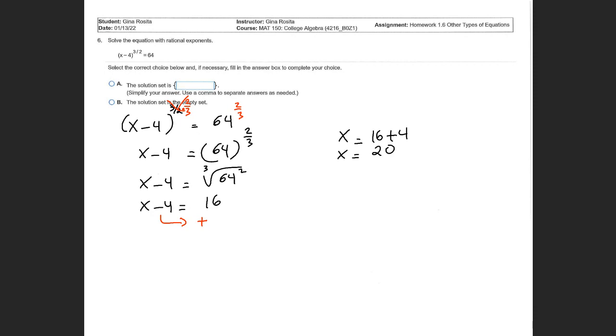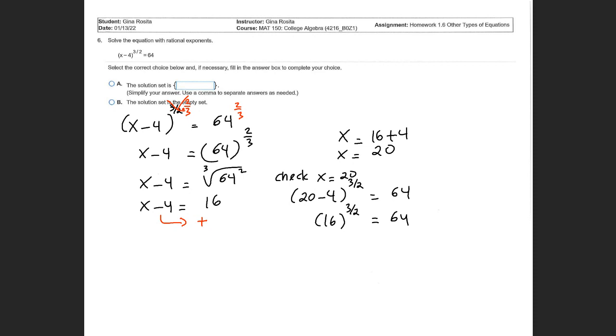Okay, so we have to check x equals 20. Look at the problem: x minus 4 becomes 20 minus 4, with exponent 3 over 2 equals 64. So 20 minus 4 is 16, and 16 to the 3 over 2 equals 64.